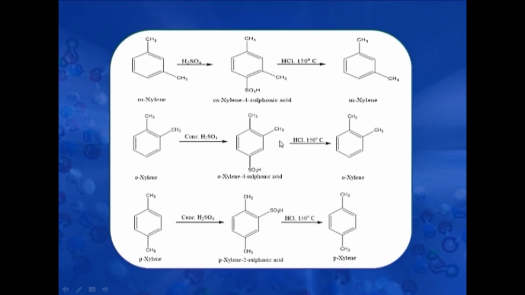So ortho-xylene 4-sulfonic acid undergoes desulfonation and gives only ortho-xylene, and the para isomer which we have separated as para-xylene 2-sulfonic acid is treated separately with HCl at about 150 degrees and it gives only the para isomer. Thus all the three isomers, ortho, para and meta-xylene, can be separated by using the desulfonation method.